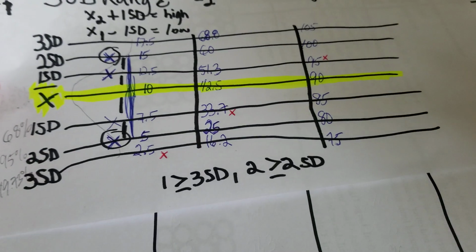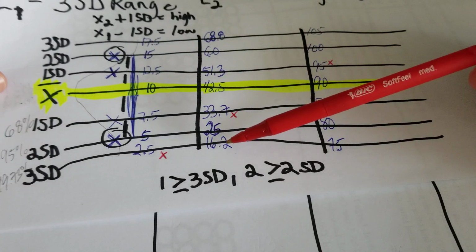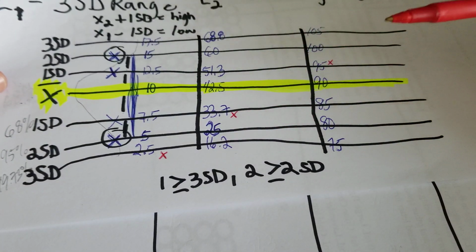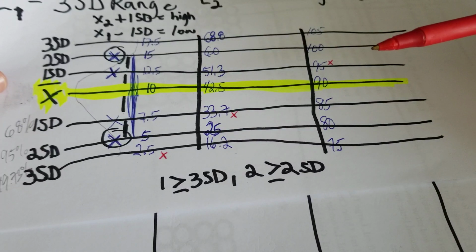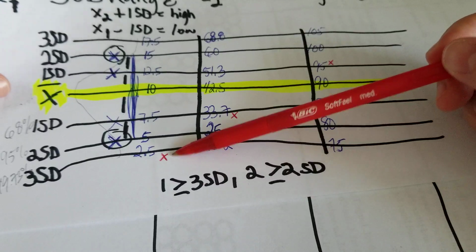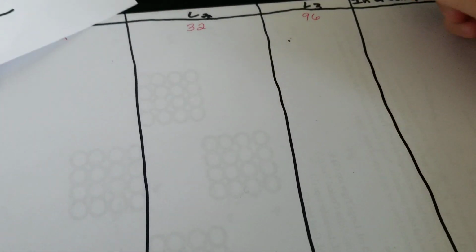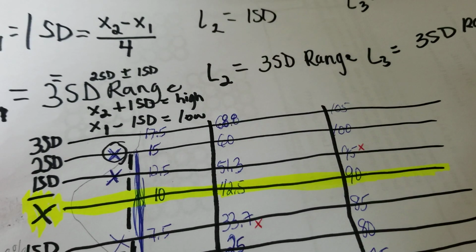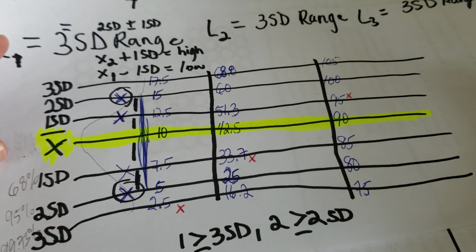Okay. So what do we notice here? What rules are we achieving or breaking? Okay, so is this in or is this out? Well, we see one that is greater than 3 SD. Okay, so we can write that here, 1 greater than 3 SD. And then, let's see, did I plot that second one correctly? 32, yeah, okay.